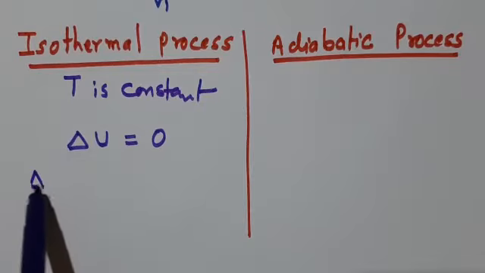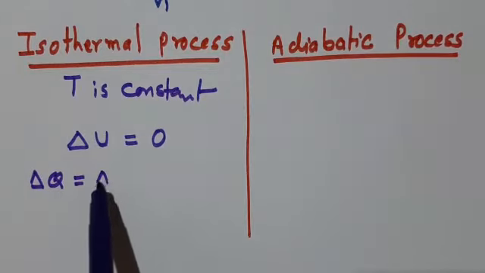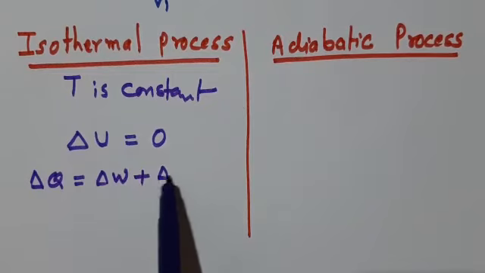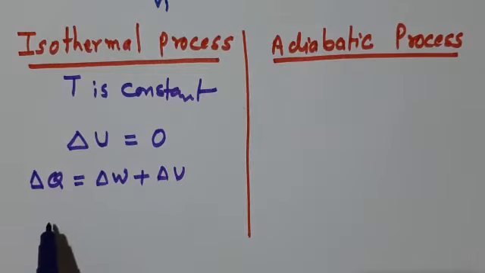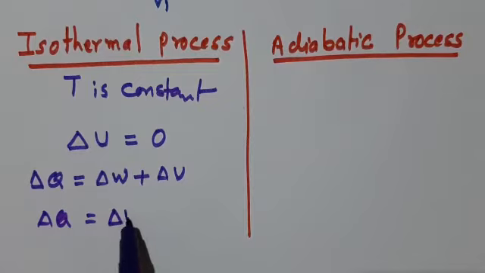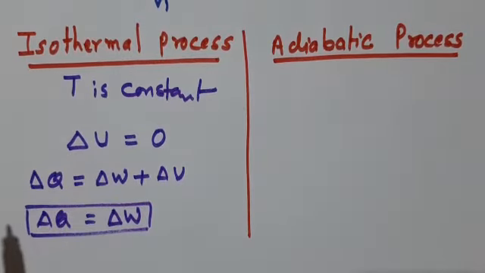Then by the first law of thermodynamics, delta Q equal to delta W plus delta U. Delta U is 0. Then delta Q is equal to delta W in case of isothermal process.